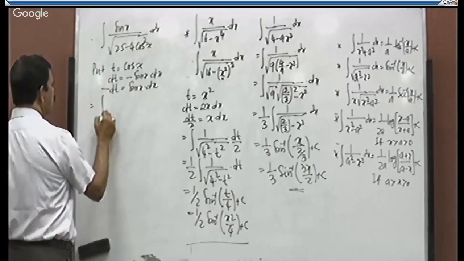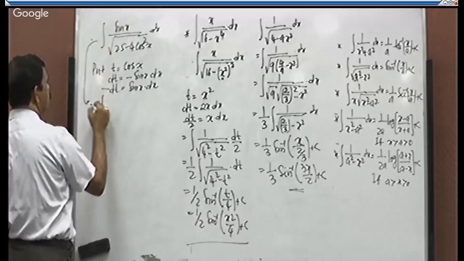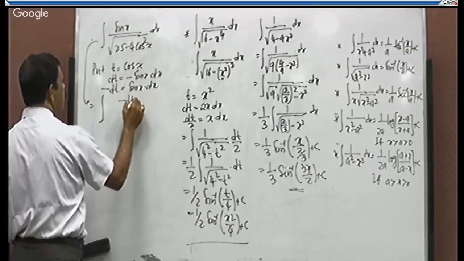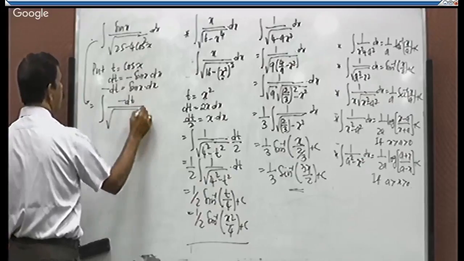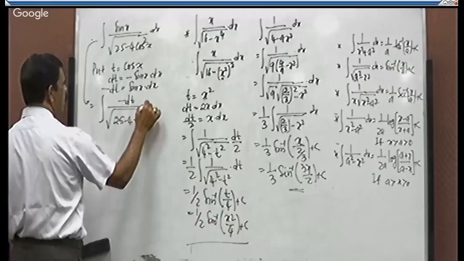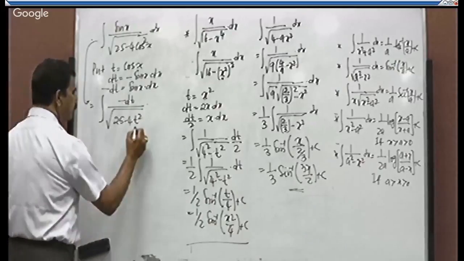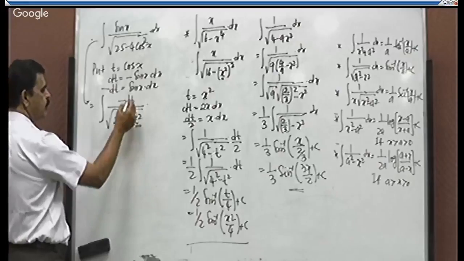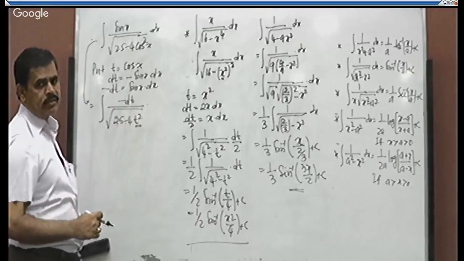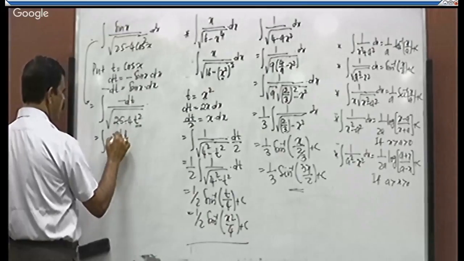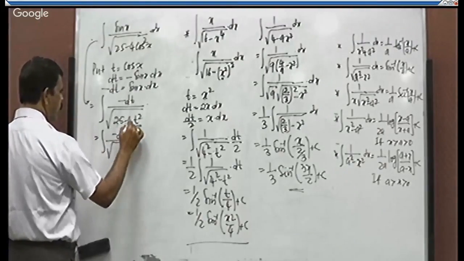Then substitute in the problem. sin x dx is minus dt divided by root of 25 minus 4t square. Is it right? I need only in terms of a square minus t square. Then we have to take 4 as common.